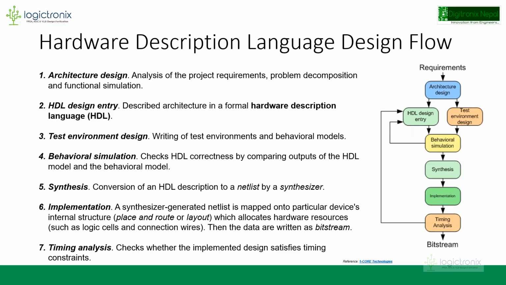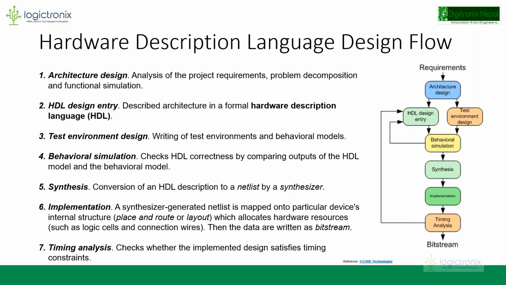So FPGA is now becoming a heterogeneous chip, heavily preferred for different types of designs, systems, embedded processing units, and high-speed signal processing units. You already know that the application of FPGA is from basic embedded computing, edge computing, to defense equipment and satellites. So here we have the hardware description language design flow.